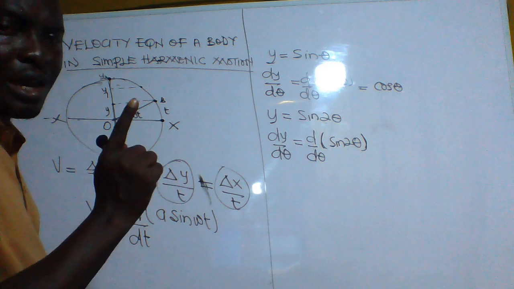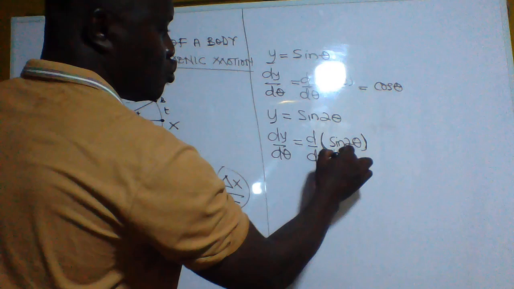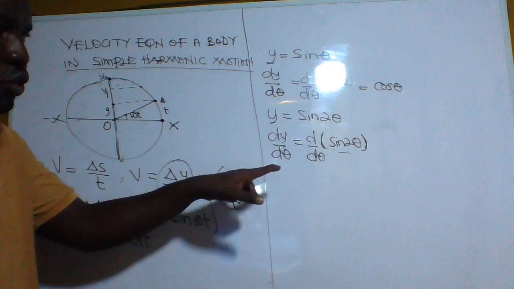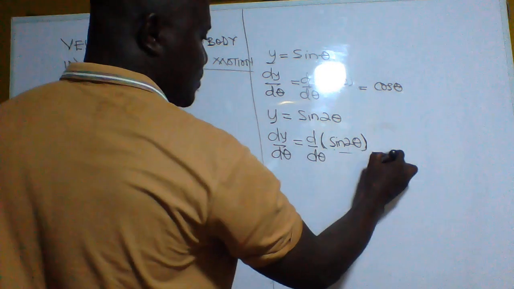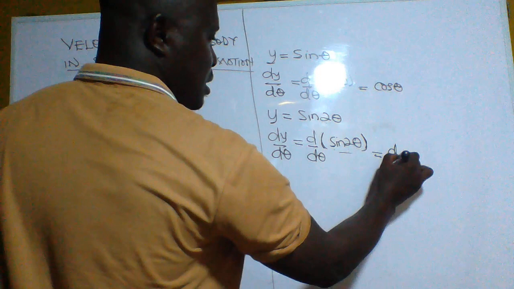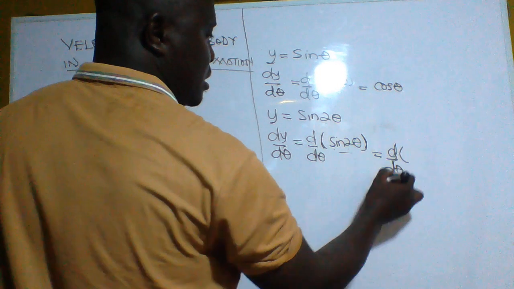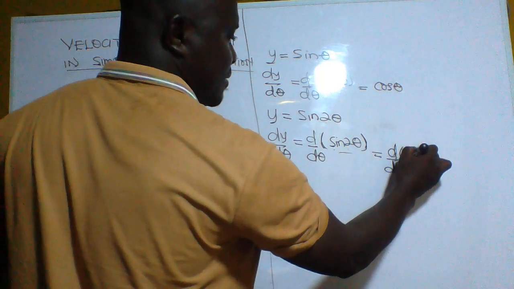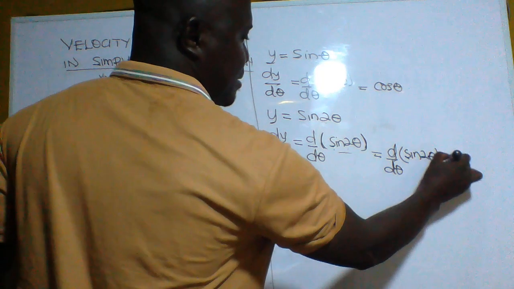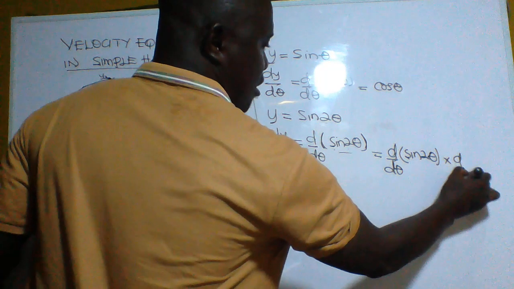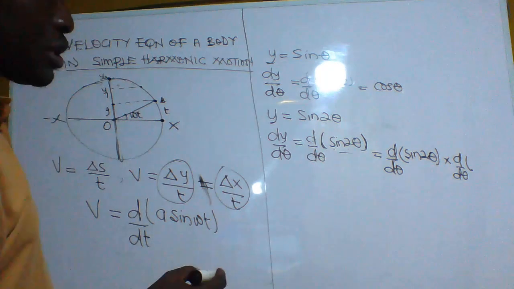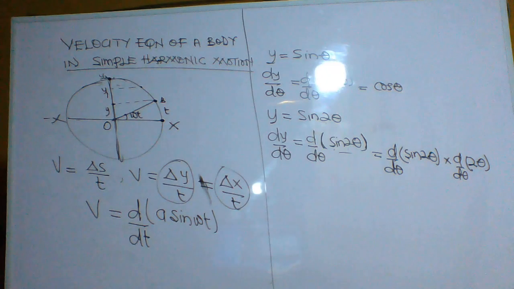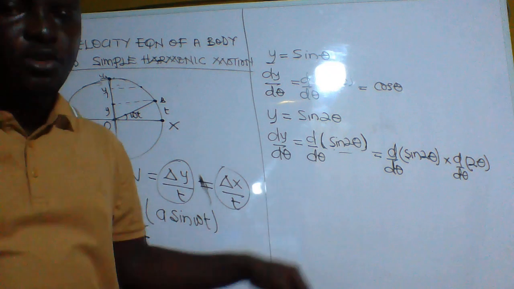Here the bigger function is sine 2 theta, and the daughter function would be 2 theta. So the differential of something like this will be equal to d by d theta of the mother function sine 2 theta times d by d theta of the daughter function 2 theta. So this is how we differentiate a function of a function.